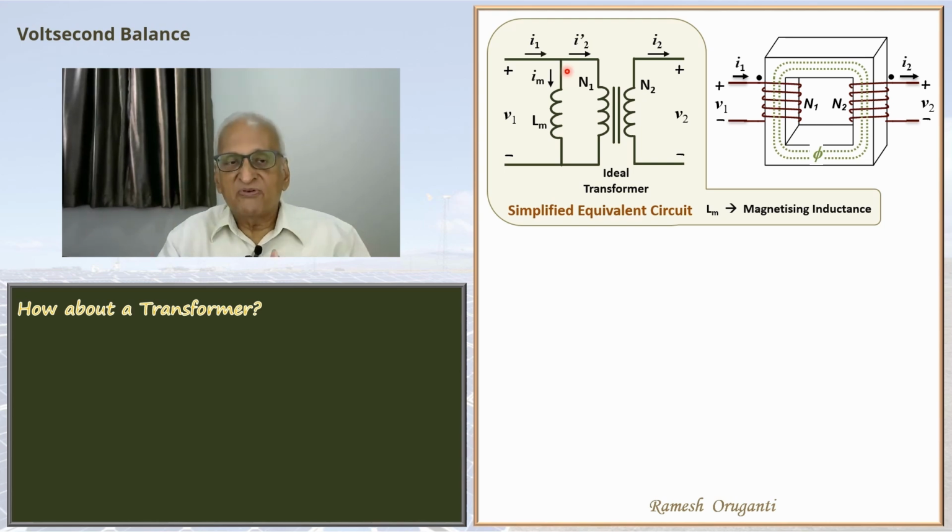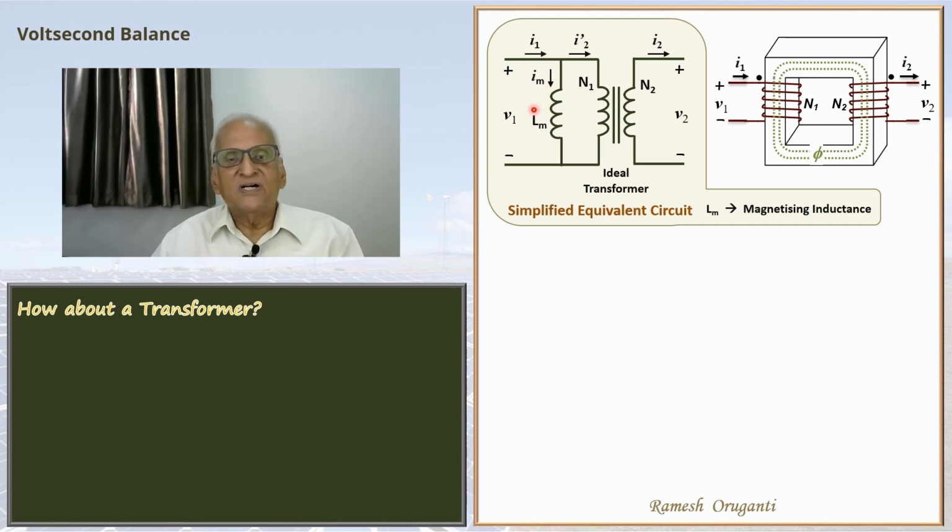That comes from MMF balance, because this is an ideal transformer. N2 I2 equals N1 I2 dash at every instant. The primary also takes an additional current in order to magnetize the core. That represents the additional MMF that drives the flux.